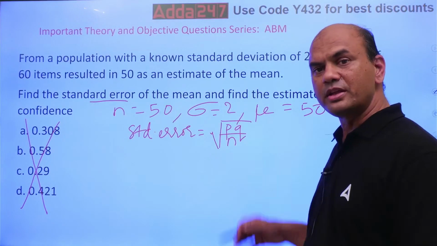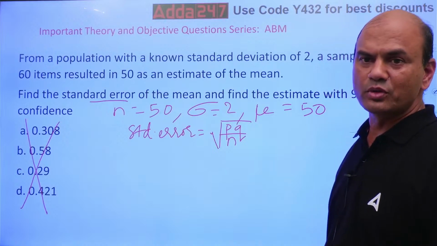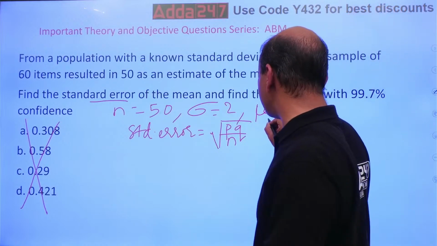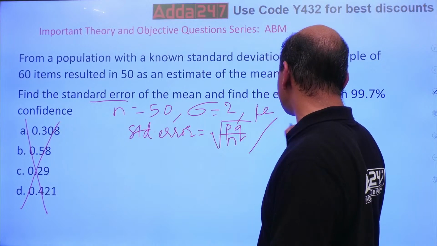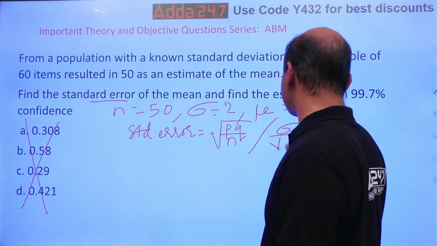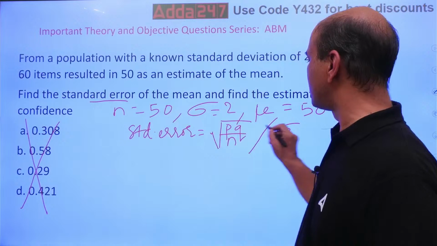One was PQ upon N, the second one was psi upon root of N. Which one will you use? This or this?